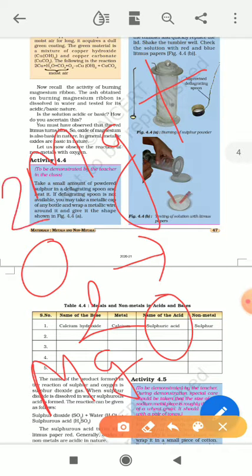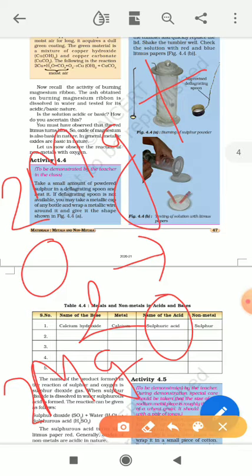Magnesium is a kind of metal. When metal reacts with oxygen, it produces metal oxide. If you dip red litmus paper in it, then red litmus paper again turns blue. So it also proves that all metal oxides are basic in nature.